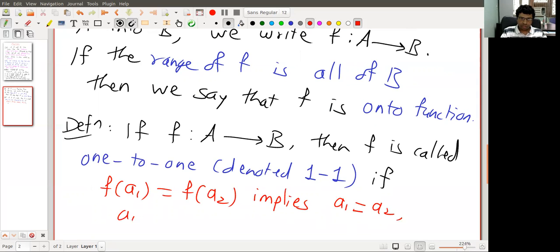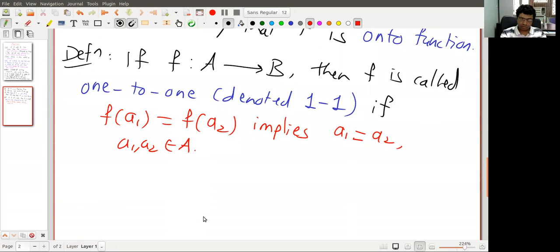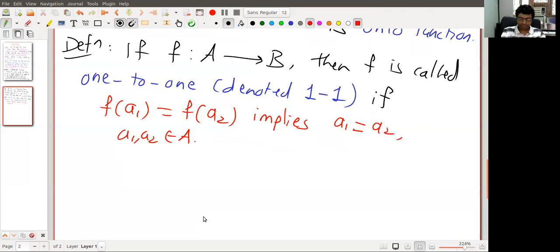Here a1, a2 are elements of capital A. Okay, so if images are the same, then pre-images are also the same.